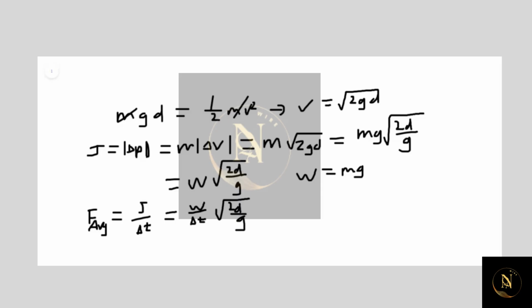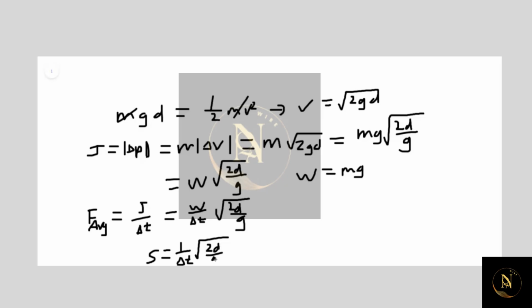But if you recall, F is also equal to W times S, so therefore S is equal to 1 over delta T times the square root of 2d over g.